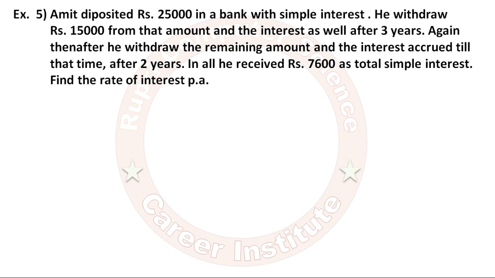He should take the full amount, the deposited amount 25,000 with whatever simple interest, after 3 years, and the same day he deposits the remaining 10,000, that is 25,000 minus 15,000, in the bank for 2 years.